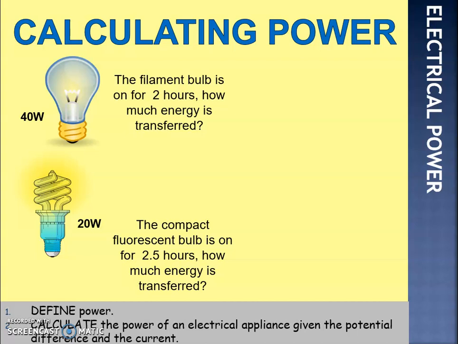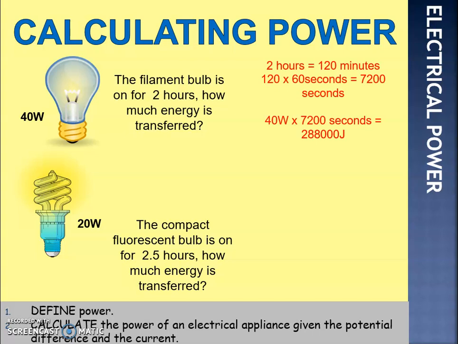Okay, so for the first one, 2 hours is 120 minutes, so 120 times 60 gives us 7,200 seconds. Power is energy divided by time, so to get the energy it would be power times time, so that's 40 times 7,200, 288,000 joules.